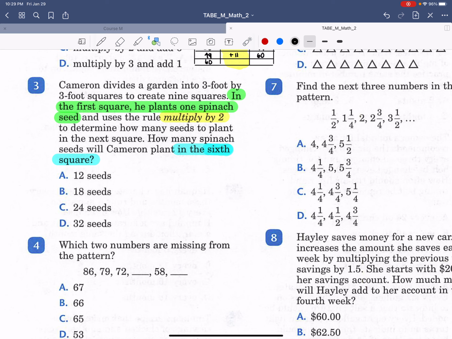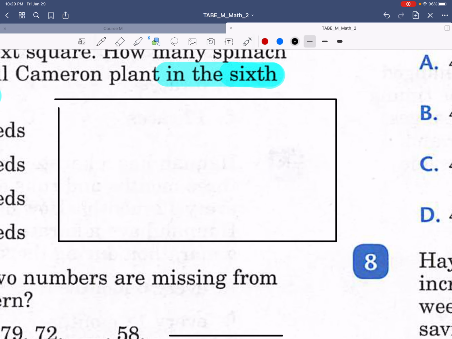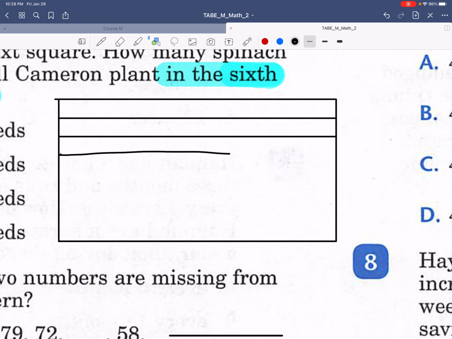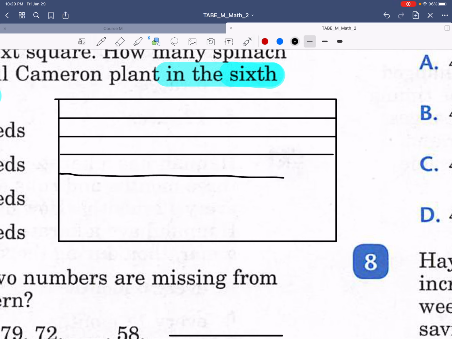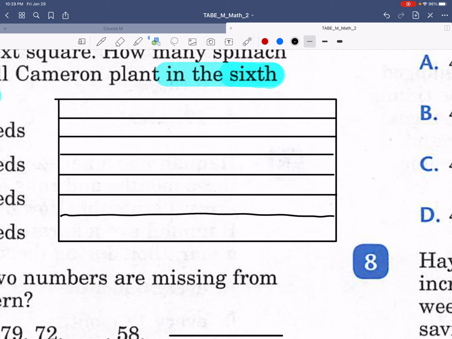So here is the table. If we're going to 6 squares, I'm going to make 7 rows. Add 1, that's for your header. So there's 1, 2, 3, 4, 5, 6, 7. And this time, I want you to make 4 columns.